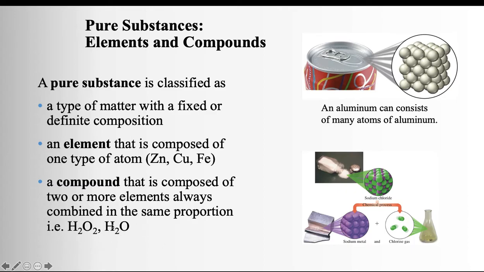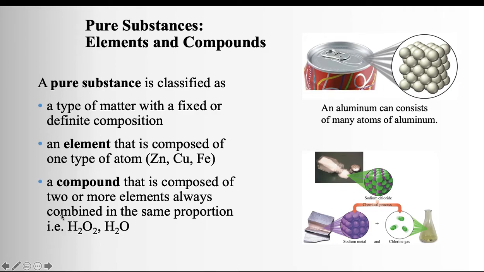The important thing about compounds to remember is that if you change this proportion between the elements of a compound, then you change the compound, and here's the proof. If I have a 2-to-1 ratio here between hydrogen and oxygen, and if I change that to 2 hydrogens and 2 oxygens, so 1-to-1 ratio, I have a completely different compound than water.